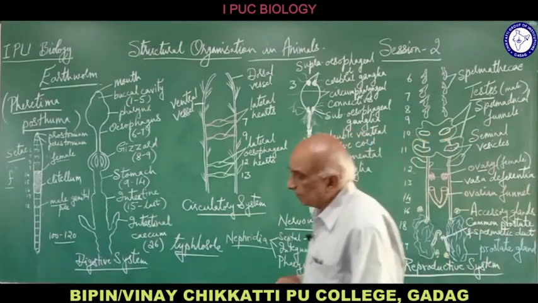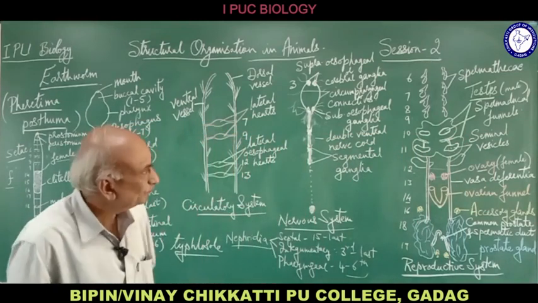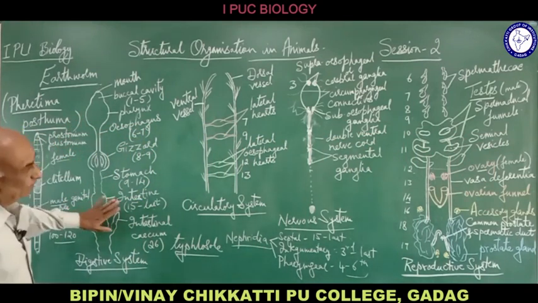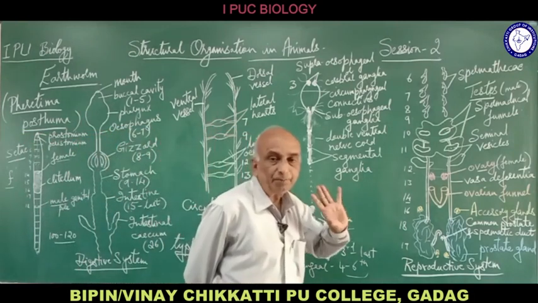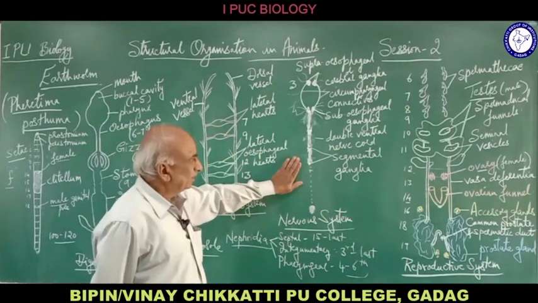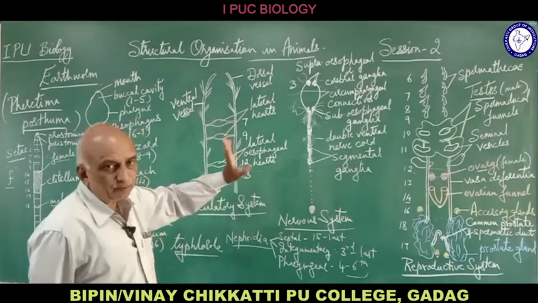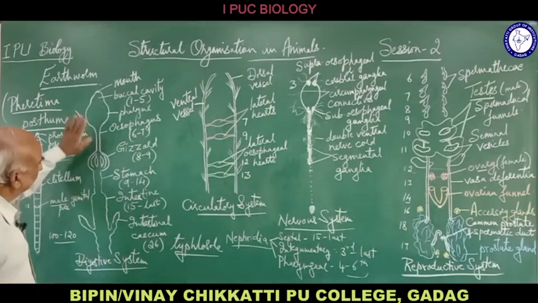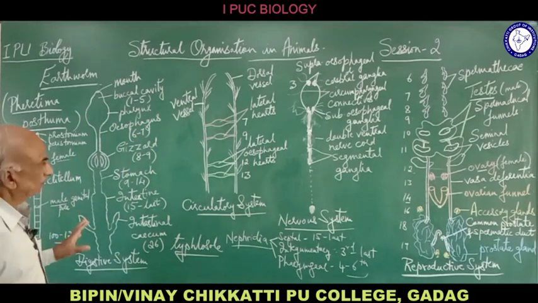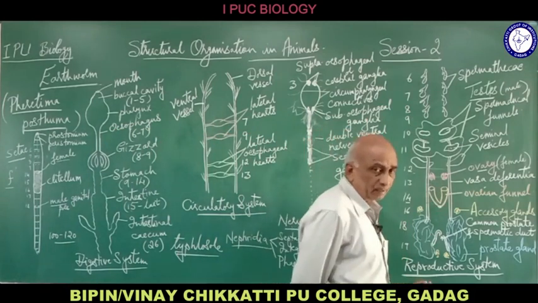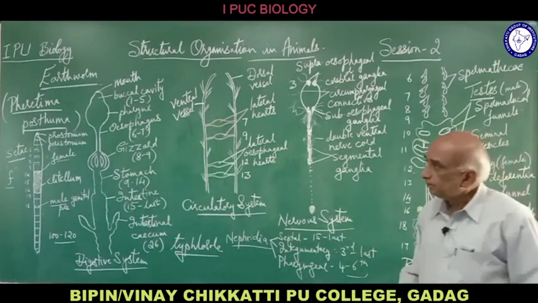So this is about the life history of earthworm, and that is how the earthworm has different systems. The digestive system and the reproductive system are the two main systems, whereas the circulatory and the nervous system are very simple, not having more parts or explanation. Only in the digestive system we come across various regions which are involved in digestion, and this is the reproductive system of earthworm, which is bisexual.